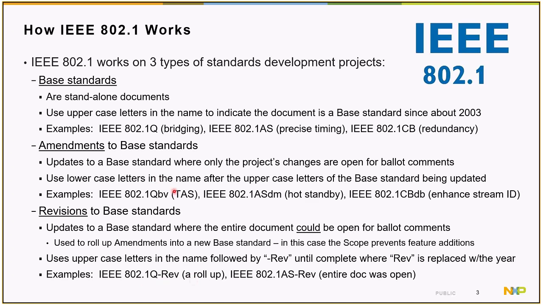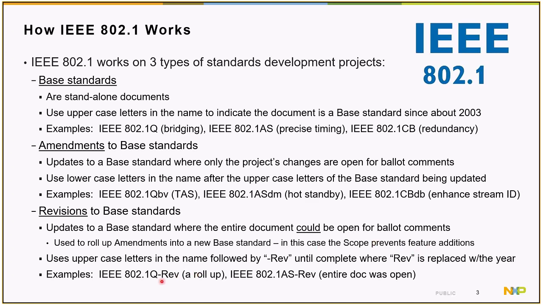When Qbv was done and got rolled up into Q-2018, that was a roll-up. It took Qbv plus many other Q amendments that were completed at the time and rolled them up. That's such a huge document that we wanted no feature additions.